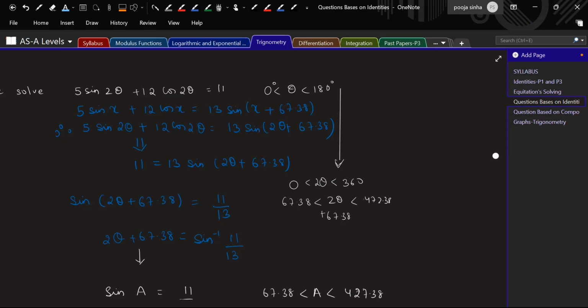But wherever there is x, you will replace that with 2 theta only. Because x is 2 theta, which means 60 degrees equal to 2 times 30 degrees.